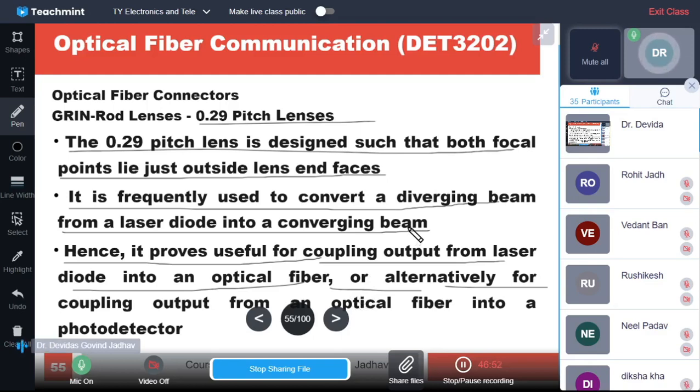So these are the three pitch lenses, three graded index rod lenses. One is 0.25 pitch, one is 0.23 pitch and one is 0.29 pitch.